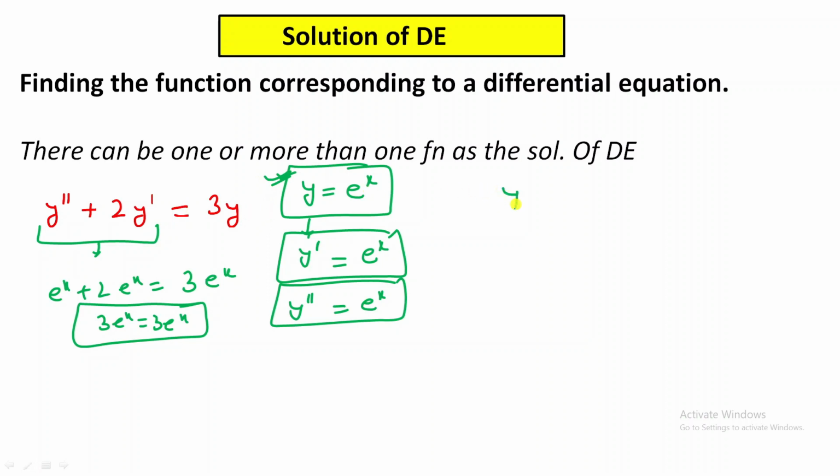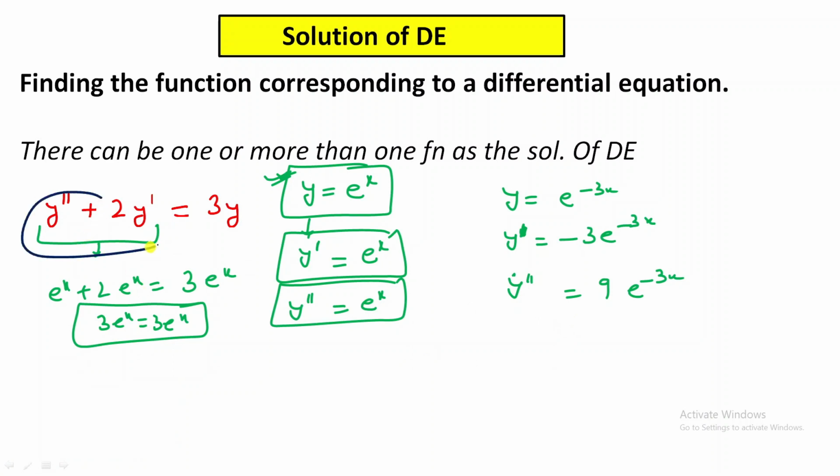There can be another solution, for example y equal to e^(-3x). How? Again verify. The first derivative will be minus 3 e^(-3x). The second order derivative will be 3 times 3, 9, positive, e^(-3x). Now you put these values in this equation.